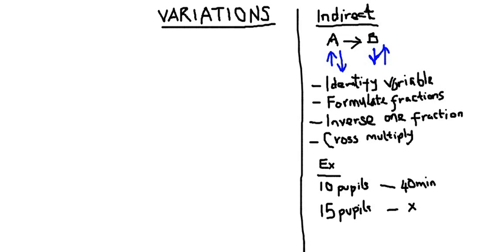The variables in this example are the number of pupils and the time they are spending to sweep the room. So there are two variables. We are looking at the number of pupils either reducing or increasing, and the amount of time they are spending to clean the room either increasing or reducing.